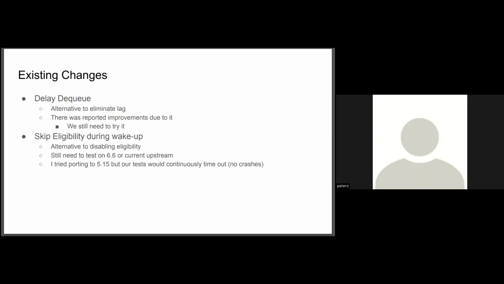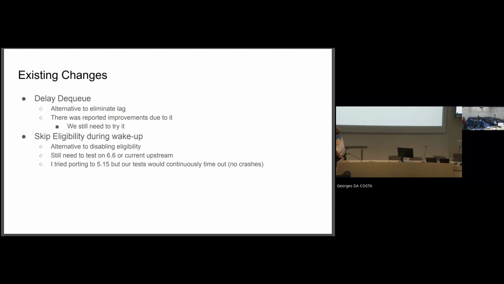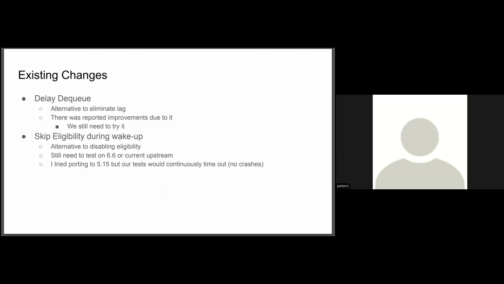Somehow it's currently wrecking EAS, and we still need to figure out why. Sorry, Peter, can you repeat that? So it seems to be messing up energy aware scheduling, and we're trying to figure out why exactly. But yeah, that's pending work.